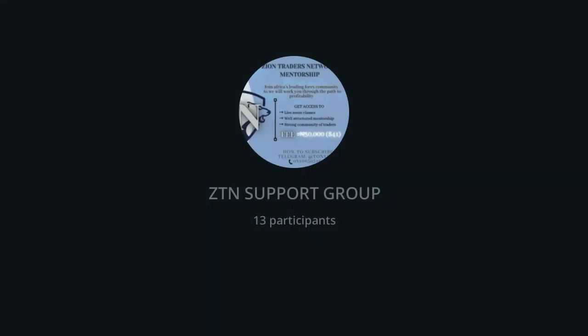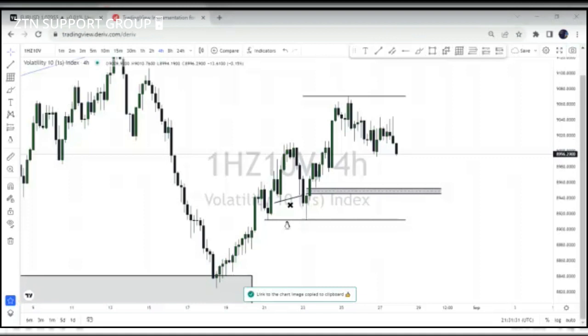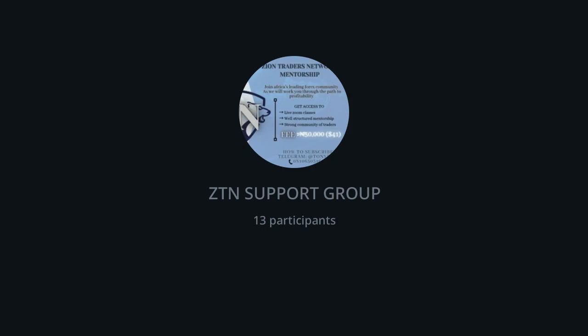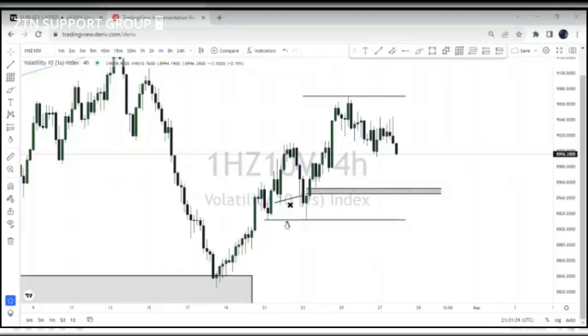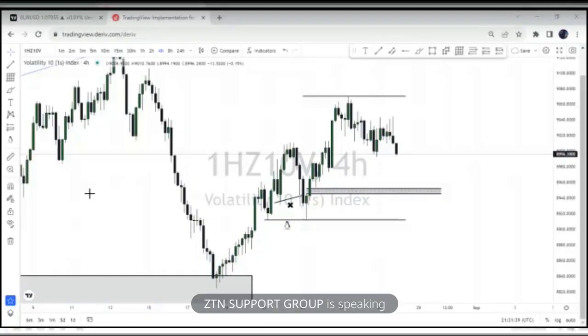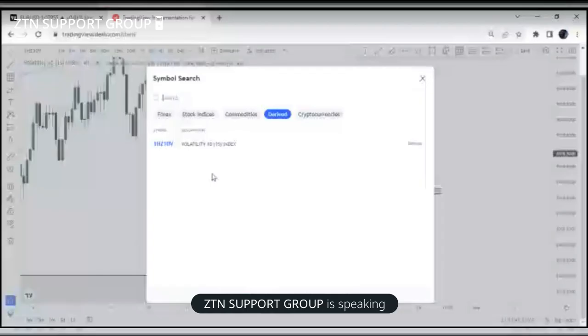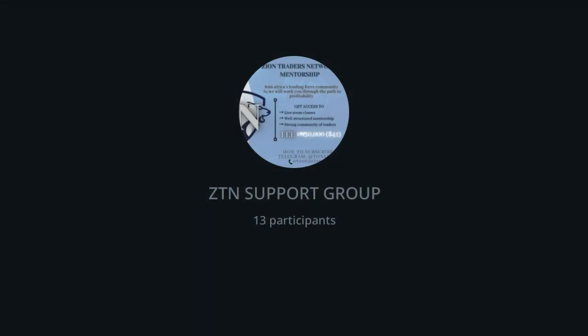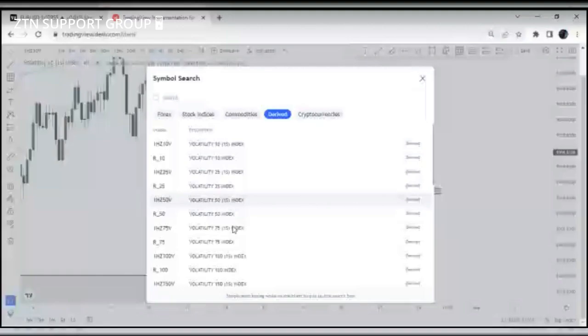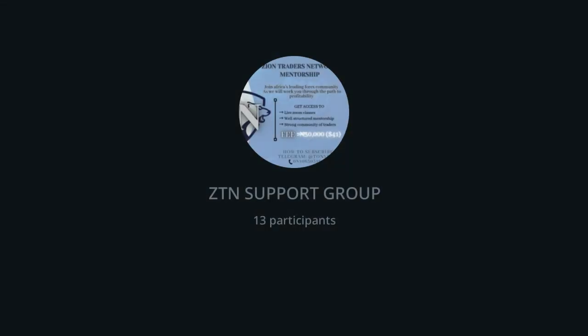So VIX 75 on us. Let's go. Where is it? Let's start from the daily time frame again.